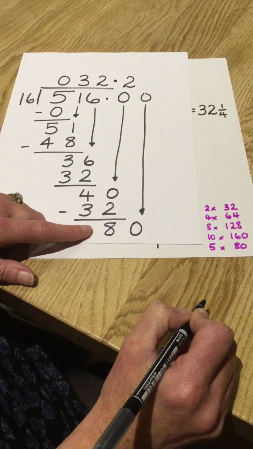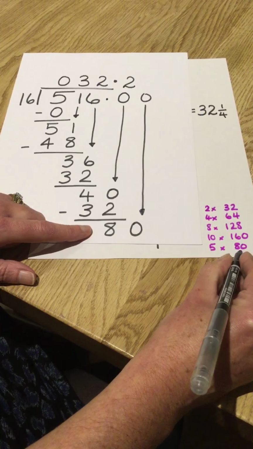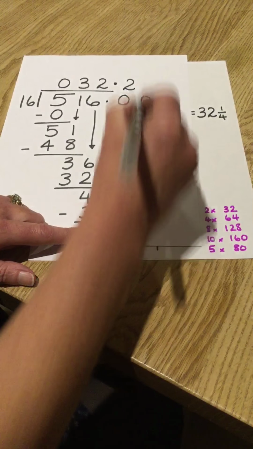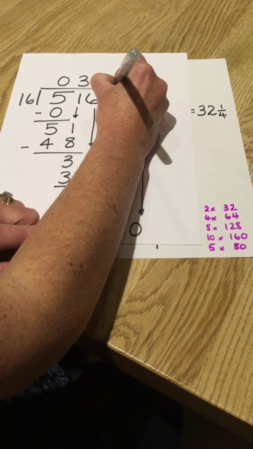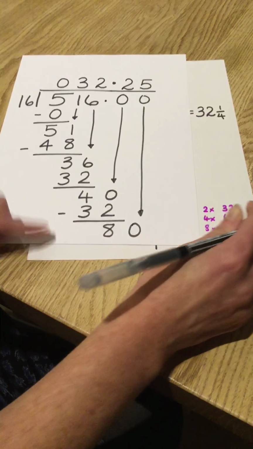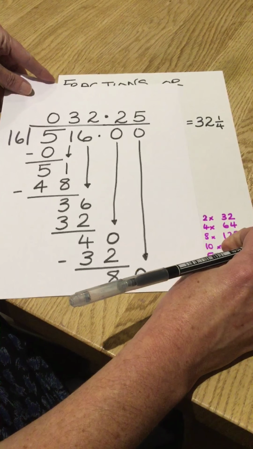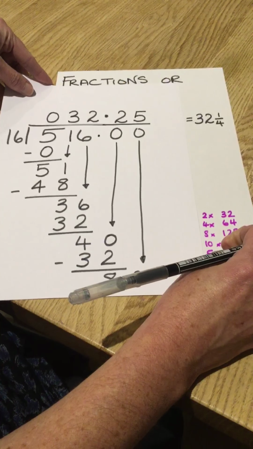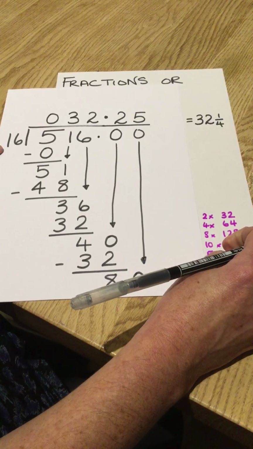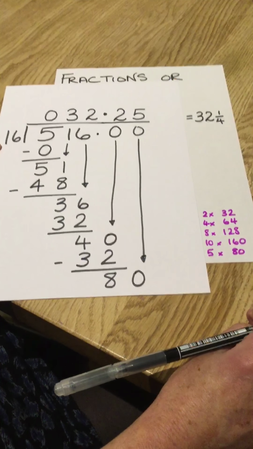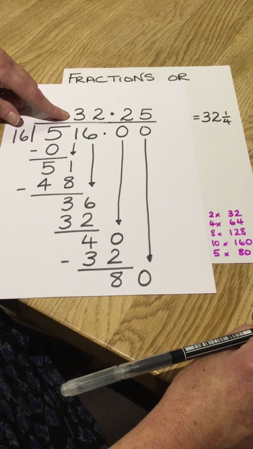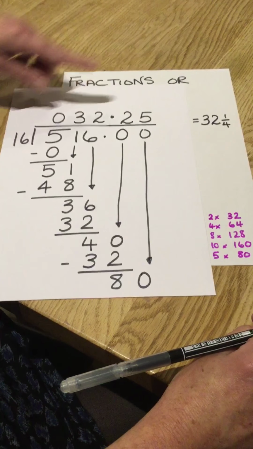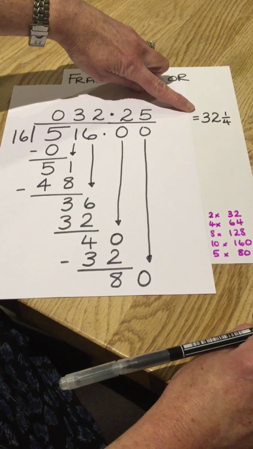I know that 5 times 16 is 80, so I can give everyone 5 hundredths. Now we can see that 516 divided by 16 is 32.25 or 32 1/4.